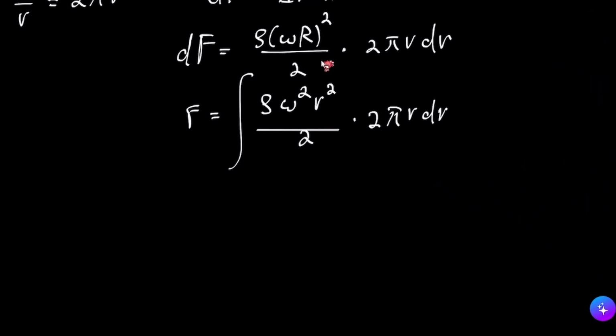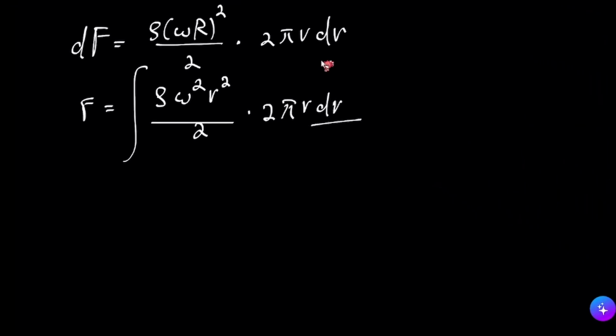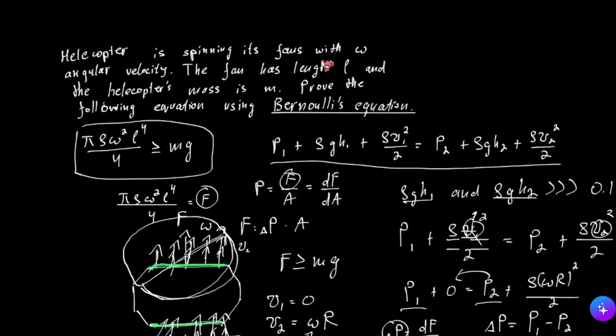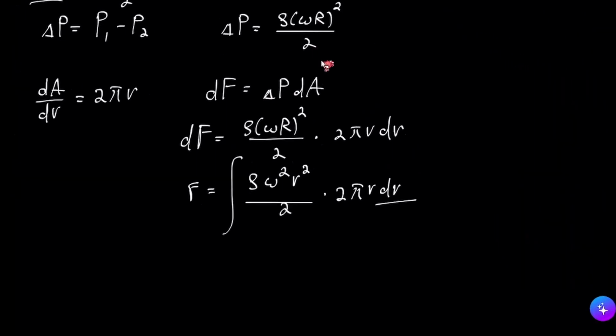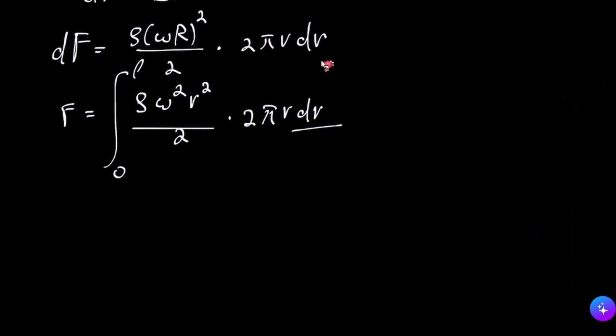Since we're integrating length, since this is a dr right here, what's the maximum amount of length that the fan could have? It's L, as stated above here. The fan has length L. So the most length it can have is L. So we integrate from 0 to L.